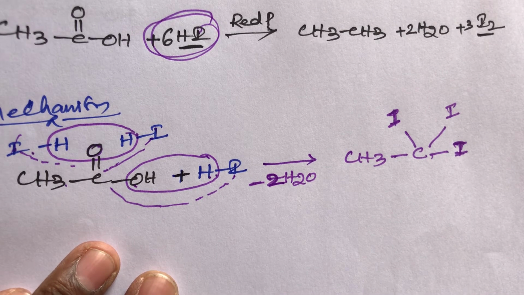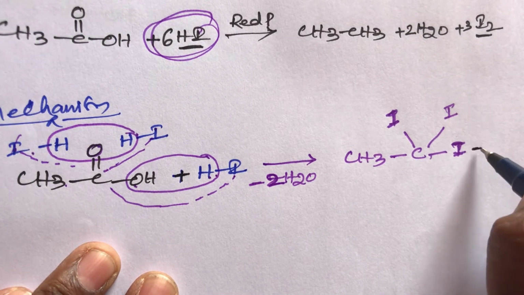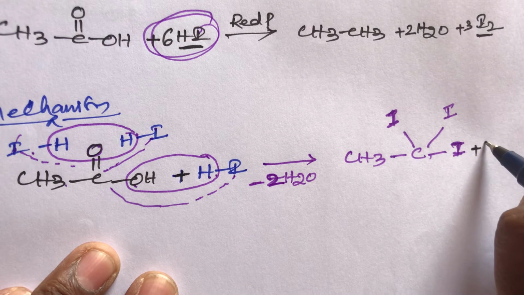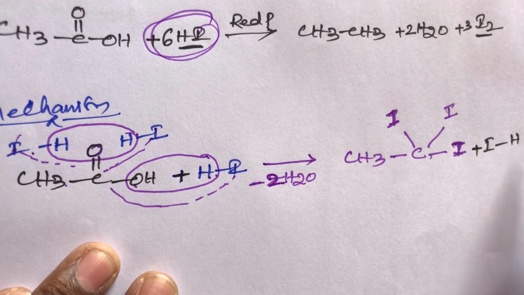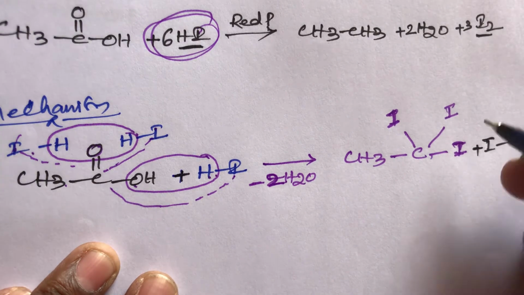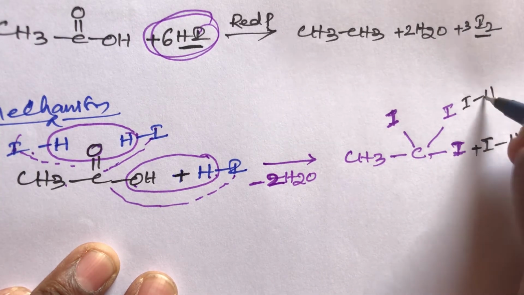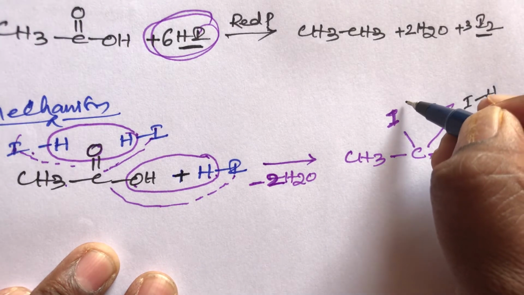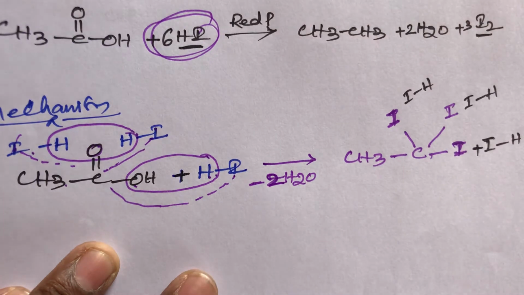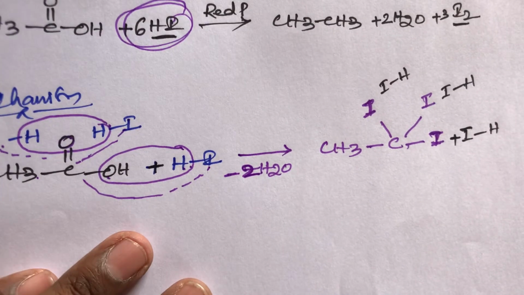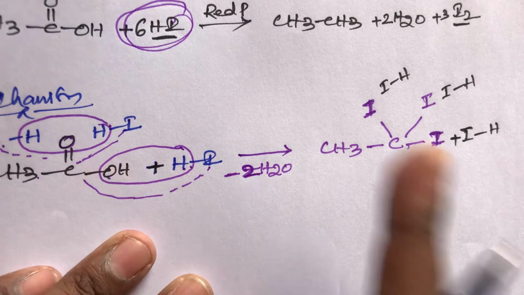These 3 moles react again, 1 mole of hydrogen iodide here, 1 mole here and 1 mole here. Simple trick, students. In the first step 3 moles of hydrogen iodide are involved, and the first step is water elimination.